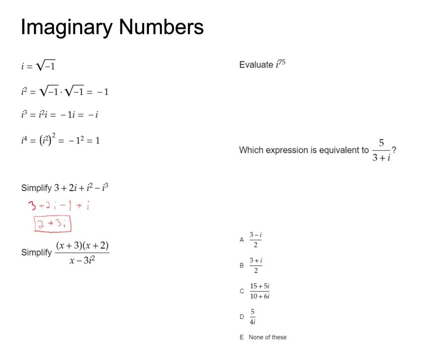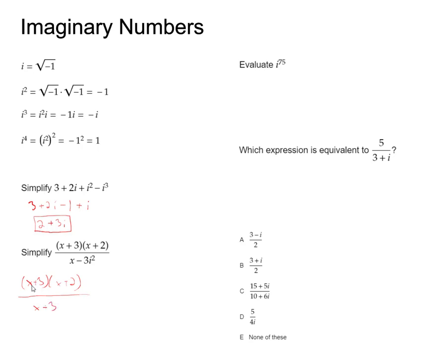Now let's simplify x plus 3 times x plus 2, all over x minus 3i squared. On the top, we're going to keep the x plus 3 times the x plus 2. And on the bottom, we're going to get x minus 3i squared. i squared equals -1, so -1 times -3 is positive 3.